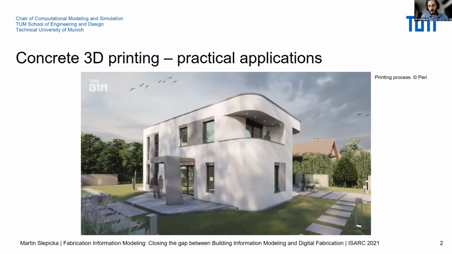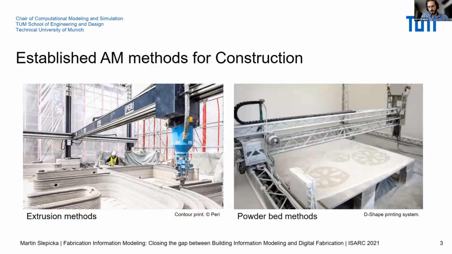And they can be classified into these two major types of methods. The extrusion-based methods work on the principle that there is a printing nozzle which extrudes the material in the place you want to have material. On the right side, we have the powder bed methods, which work on the principle that a powder bed is applied to a surface layer-wise, and this powder bed gets activated or bound at certain locations, as you can see here in the structures.